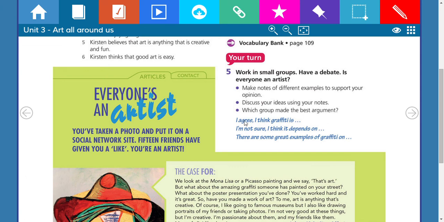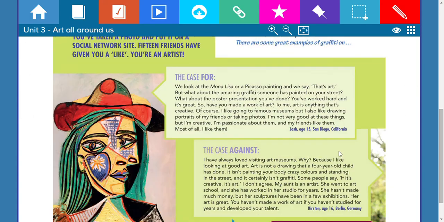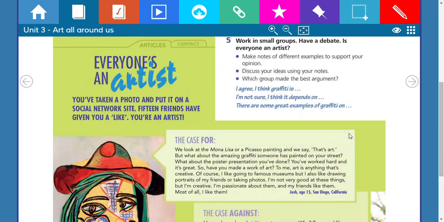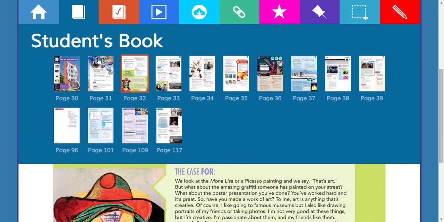For example, I agree, I think graffiti is, I'm not sure, I think it depends on. There are some great examples of graffiti, like for example. The idea is to work on this.